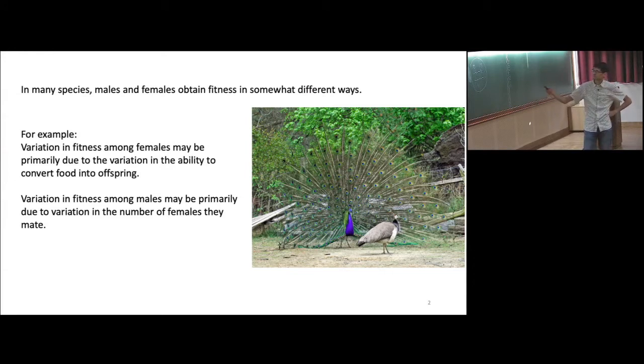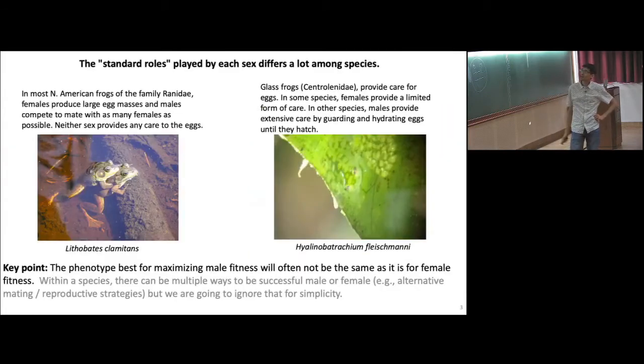Of course, the almost stereotypical example for this kind of idea are peacocks and peahens, and no more appropriate place to show that than in India. But it's native here, right? I want to point out, before I continue, that the standard roles played by each sex differ a lot among species.